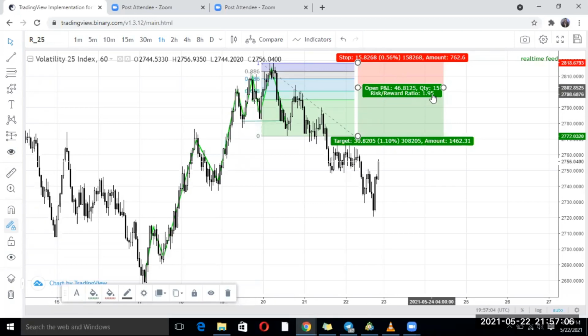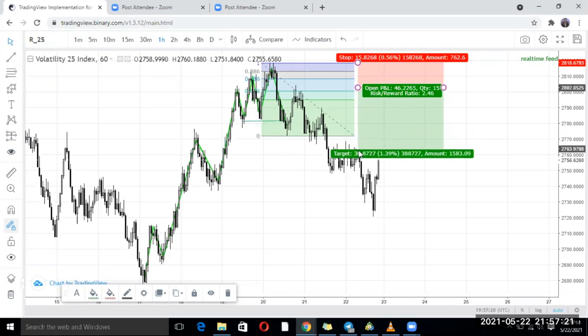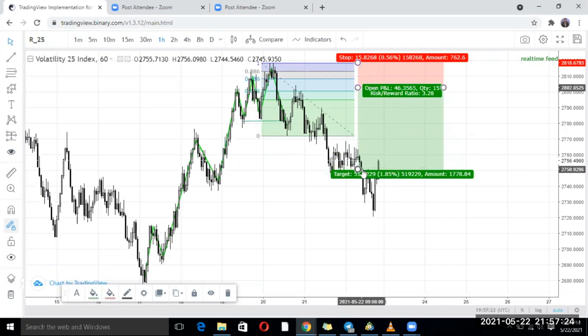But you see, when the market broke structure and takes out this low here, what we can just do is put the stop loss at entry, then look to find the next low, which is at this point.